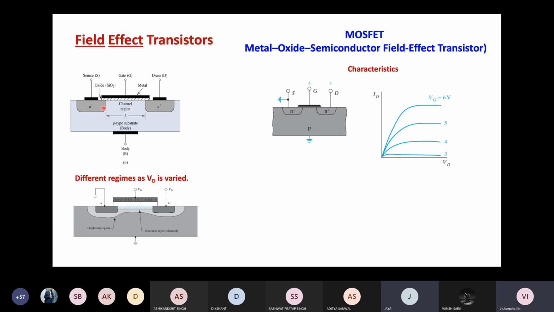And in this semiconductor, we have two contacts, the source and the drain. That's why this name is there, metal oxide semiconductor: gate metal, oxide insulator, and the actual semiconductor, silicon most of the times.